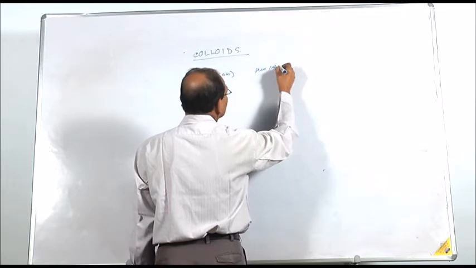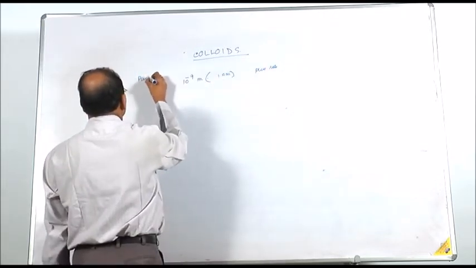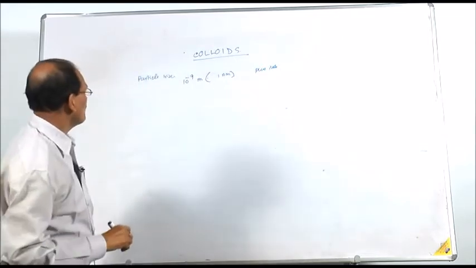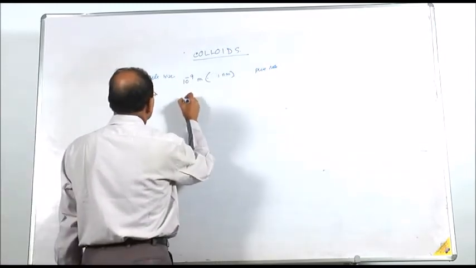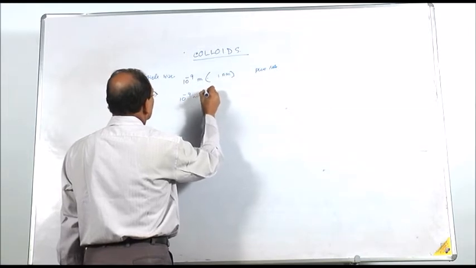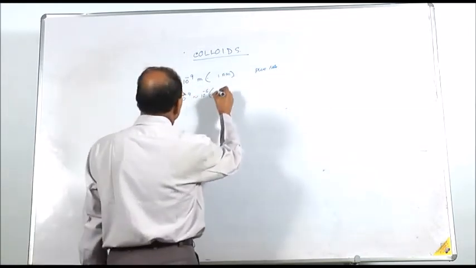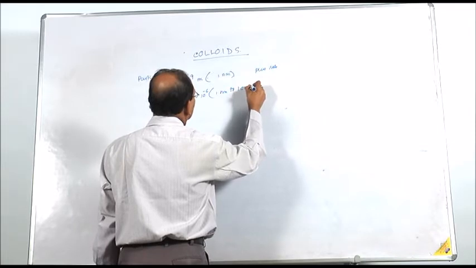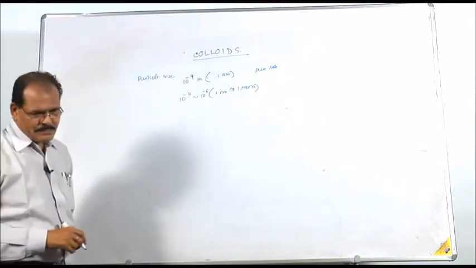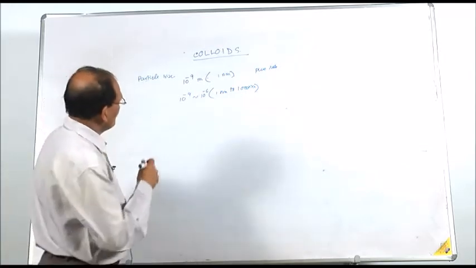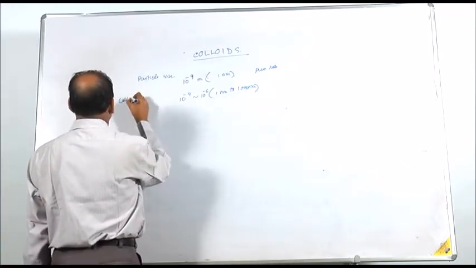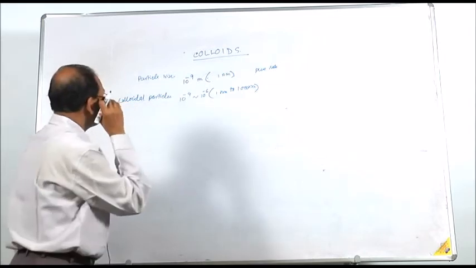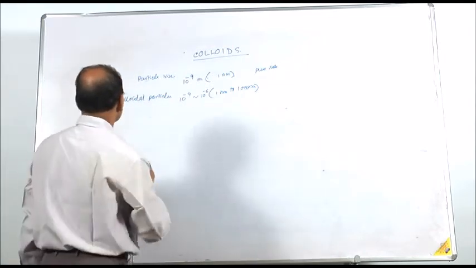The particle size in a pure solution means it is diffused completely, but the size 10 to the power minus 9 to 10 to the power minus 6, that means 1 nanometer to 1000 nanometer, is the value for colloidal particles, and more than that we get suspended particles.